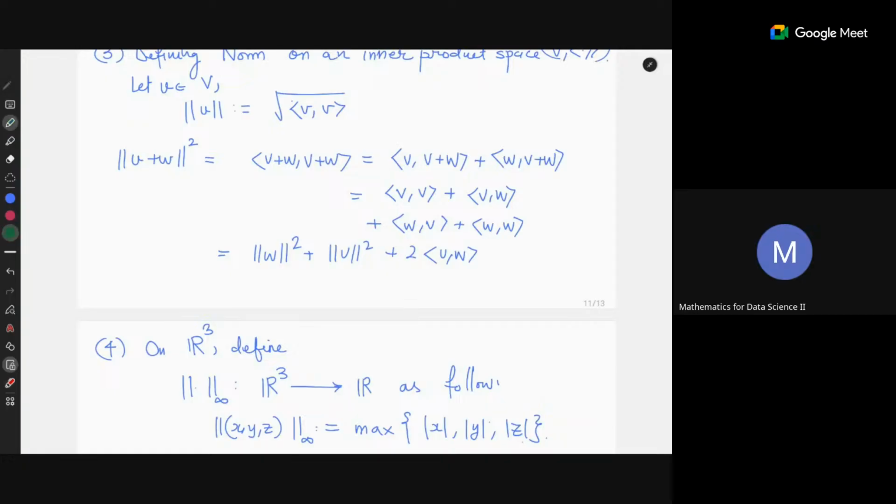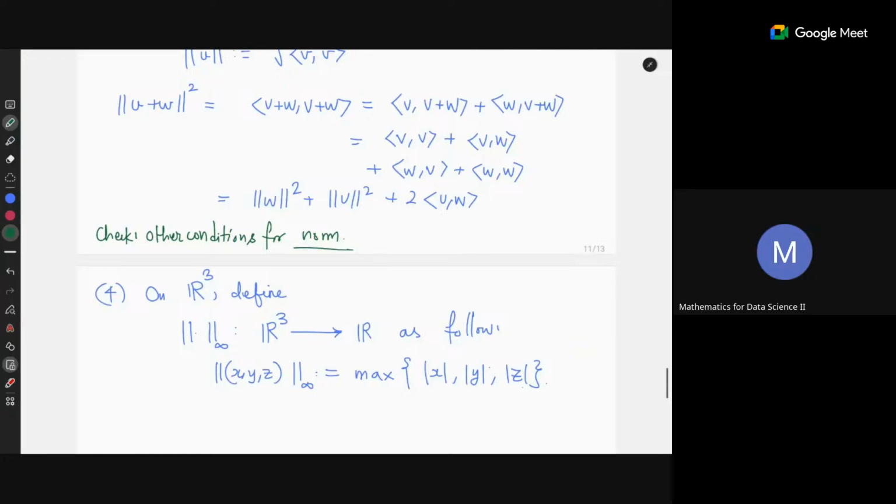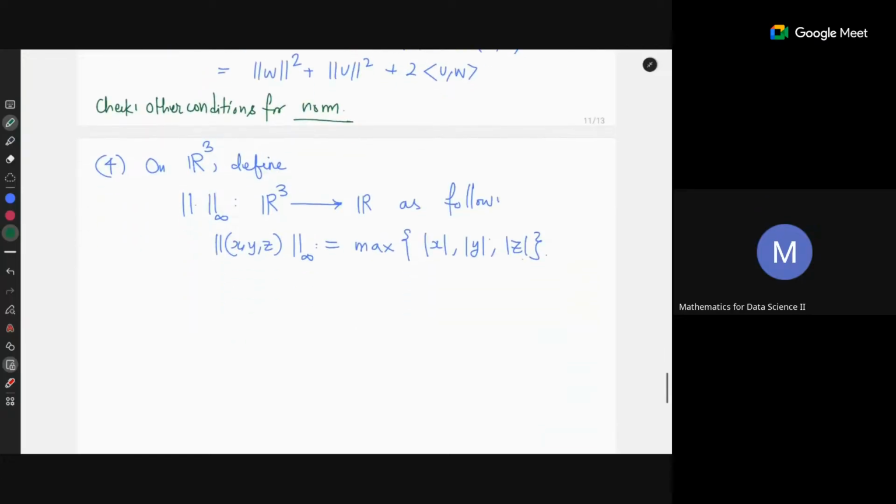For the other conditions, I will write down: check other conditions. They are direct. The first condition will also be satisfied. Let's not go into details as of now. I will update in the notes.